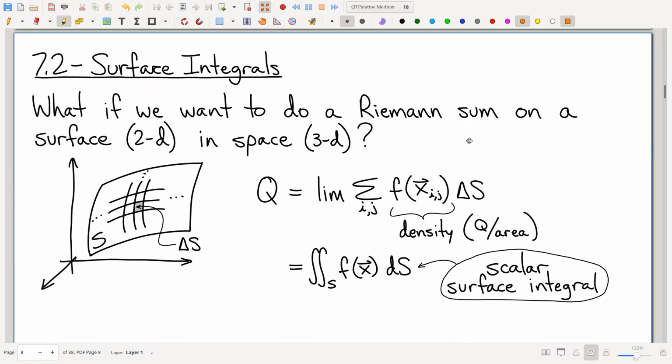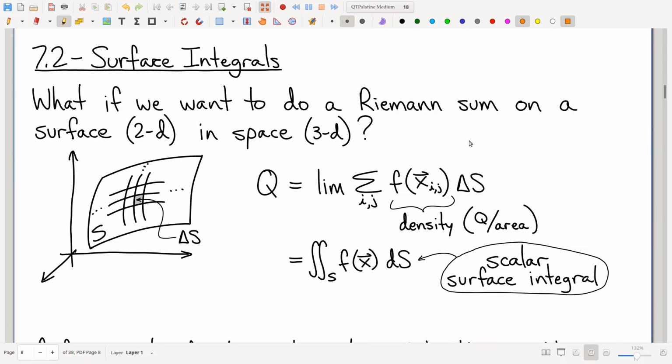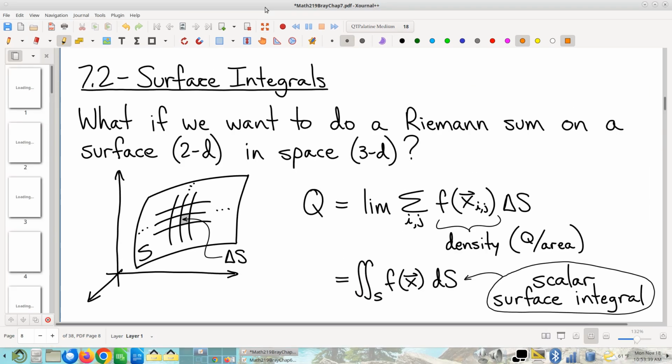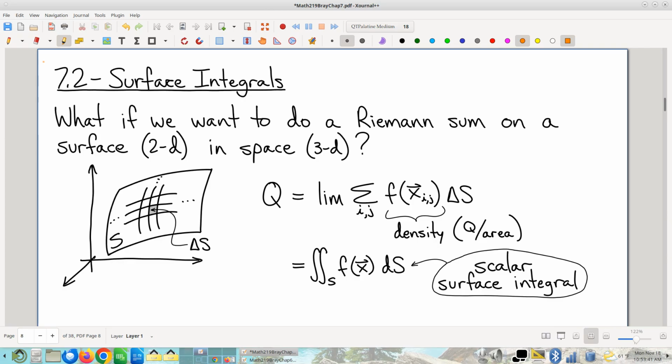Alrighty, so that's 7.1. Let's move on to 7.2. I am going to point out first that sometimes you want to add stuff up over a surface. Let's talk about different kinds of integrals we've talked about. We've talked about single variable integrals, double integrals, triple integrals, various integration techniques, which are not really different integrals, just methods for computing.